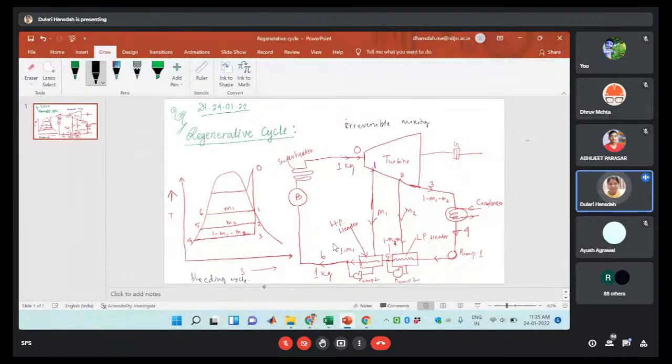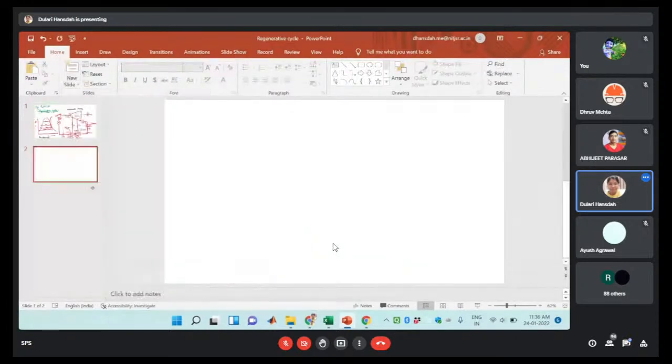We can use a number of heaters based upon the capacity of your turbine. Capacity of turbine means, suppose we are using a medium capacity turbine. In that case, we can use a maximum of three heaters.